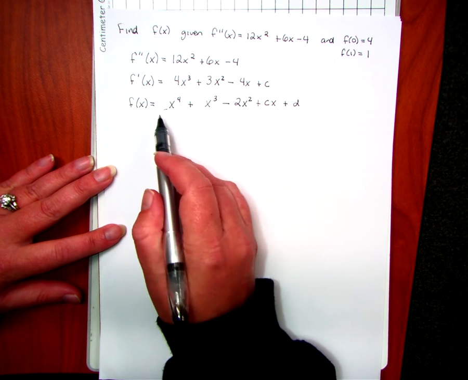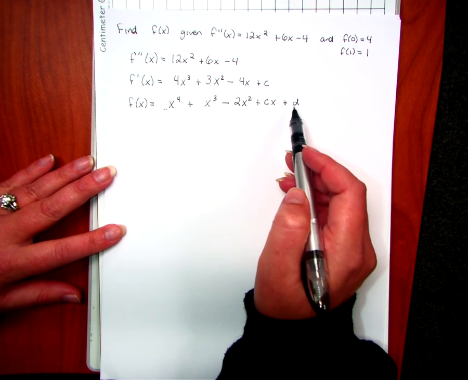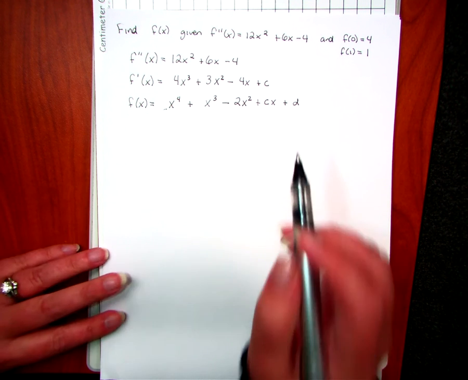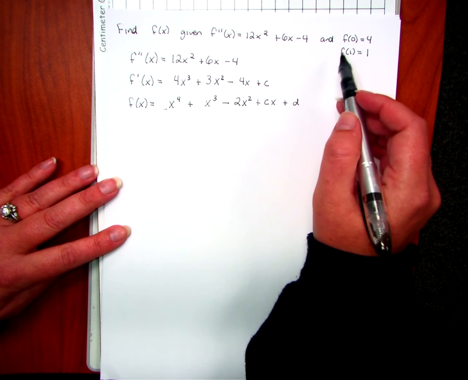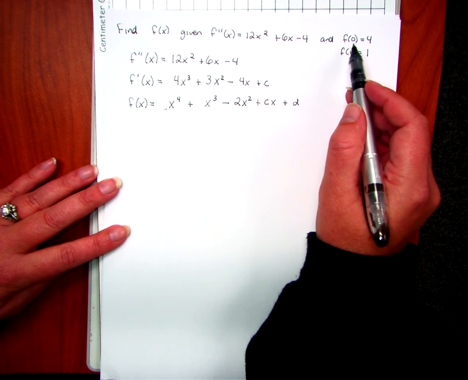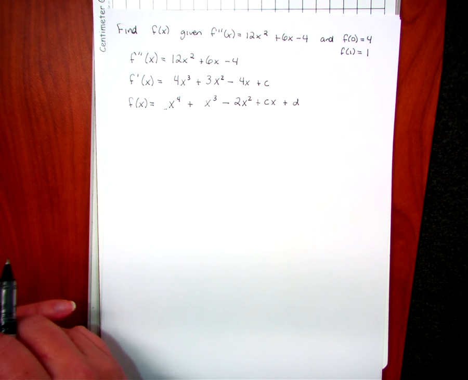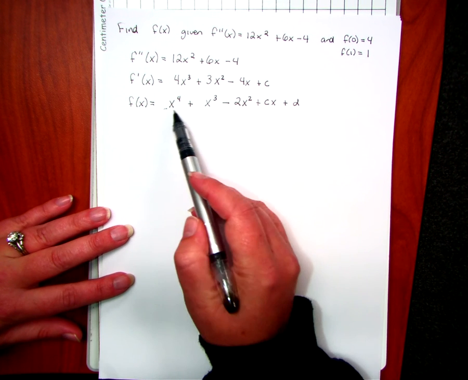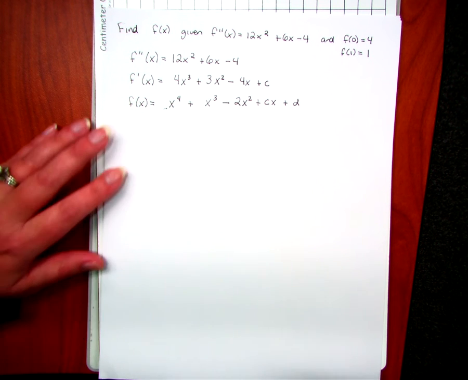So here is my f of x, in general. We have these constants here, and we want to find f of x without those constants, and that's where these points come in handy. I like to plug 0 in first, because that's going to allow us to get rid of basically all the terms except for d, right?